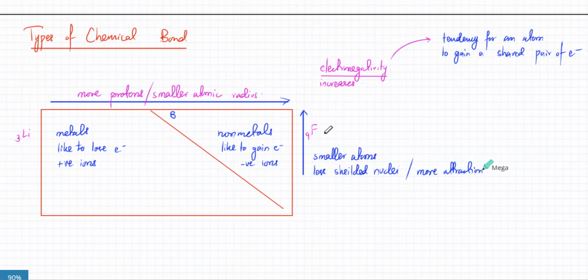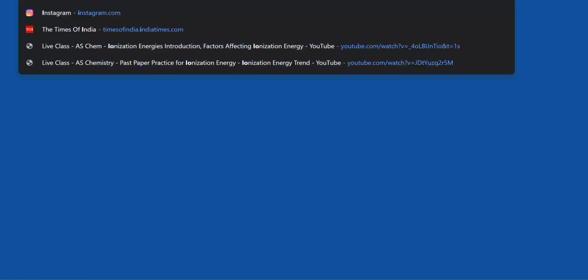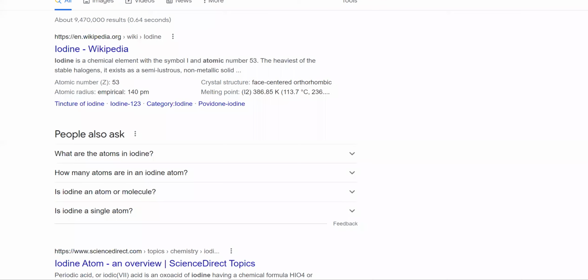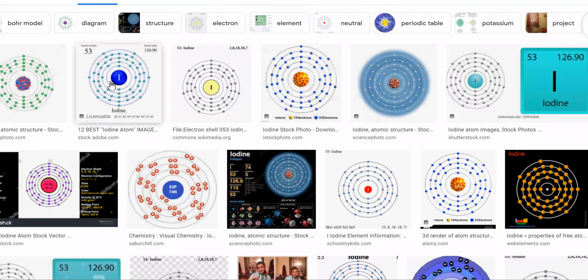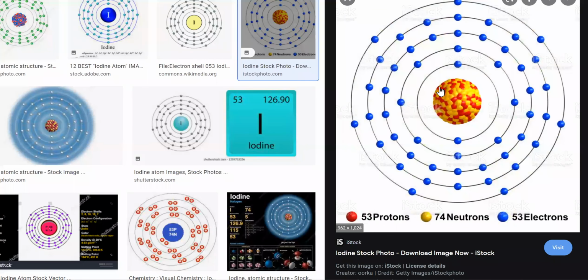Sir, what about going to the top of groups? Yes, going up the group. If I have the iodine atom, bigger atoms already have so many electrons that the nucleus is so shielded that it can't really attract electrons from other atoms.